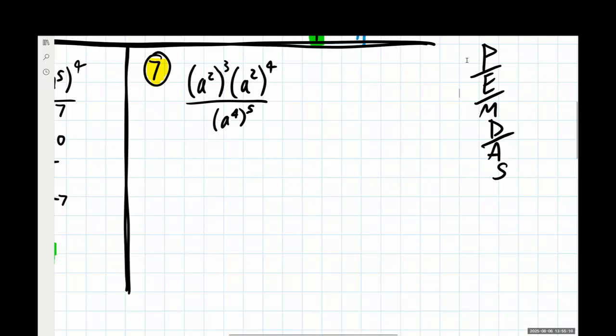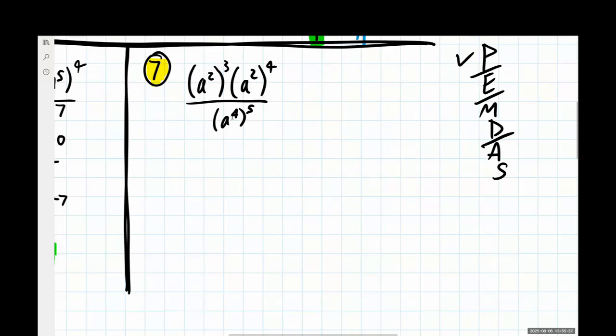So PEMDAS would say I need to use parentheses first. Well, can't do anything inside the parentheses. That's just an a squared, and an a to the 4th. So parentheses are done in that regard. I can apply exponents, though. I have a squared raised to the 3rd power. I also have a squared raised to the 4th power.